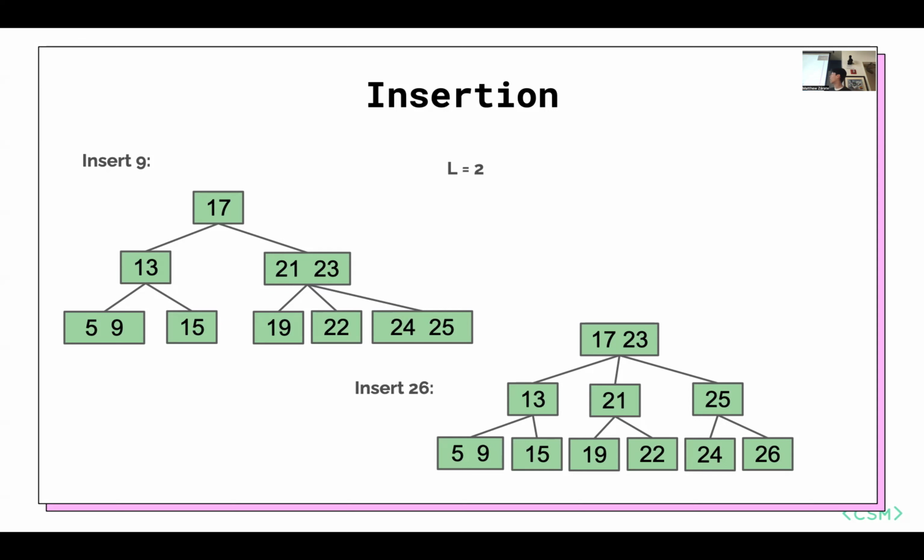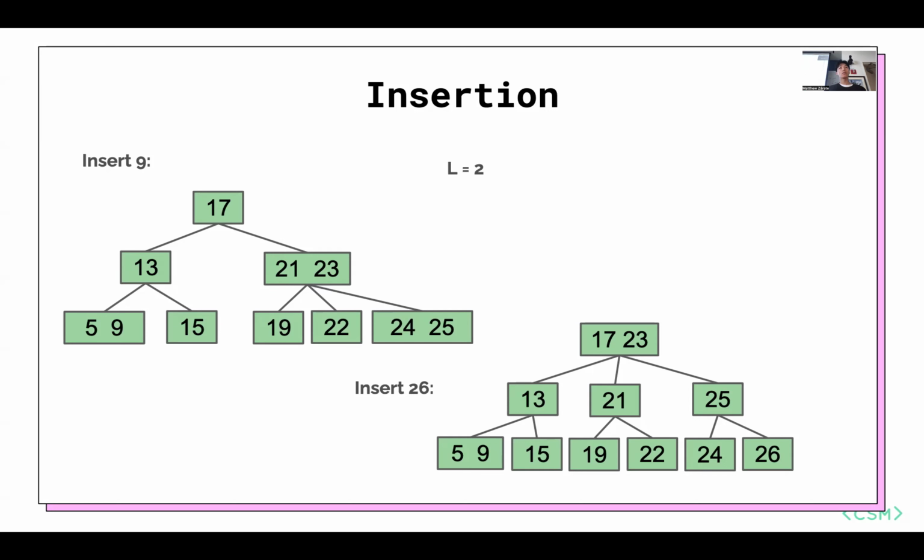And if the top node also got overloaded, then we would take the middle node and move that up to make a new parent. The left subtree and the right subtree would maintain its bushiness. So that's how we ensure that our tree stays bushy and it's optimized for searching.